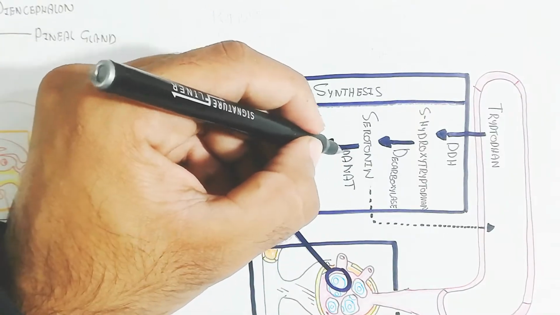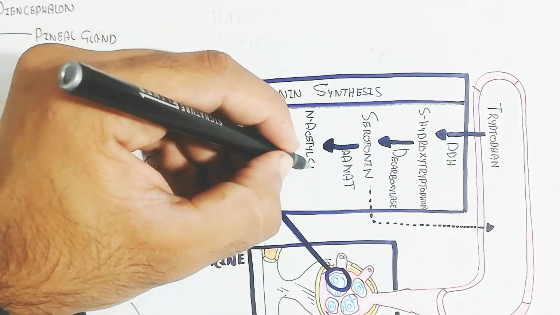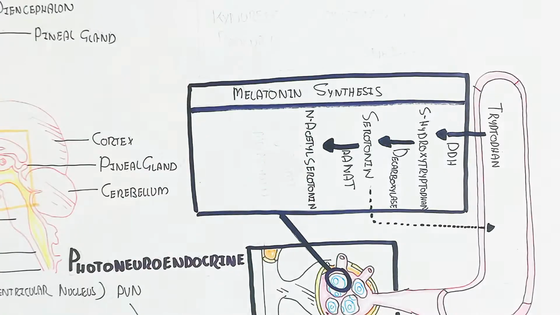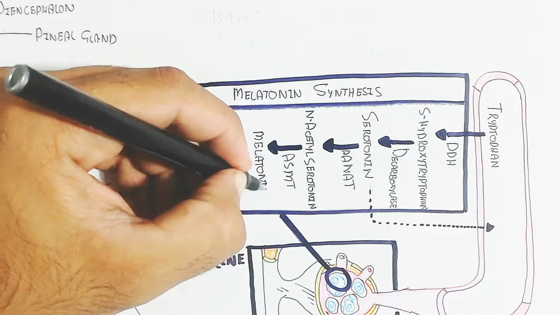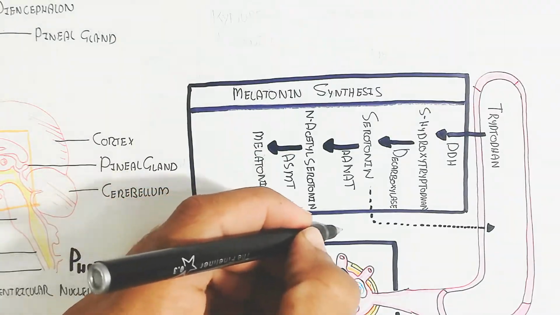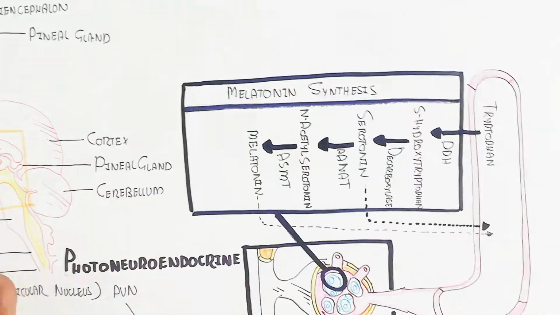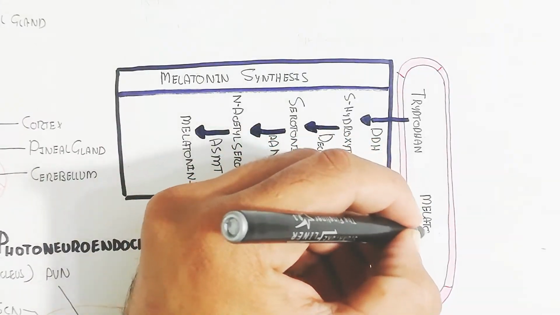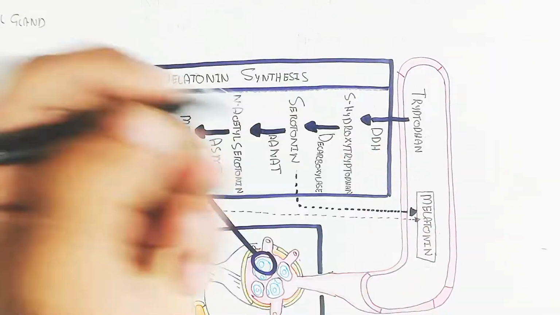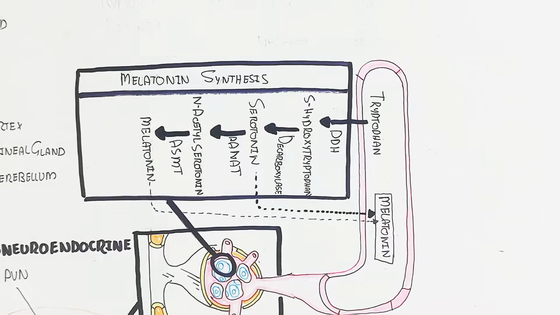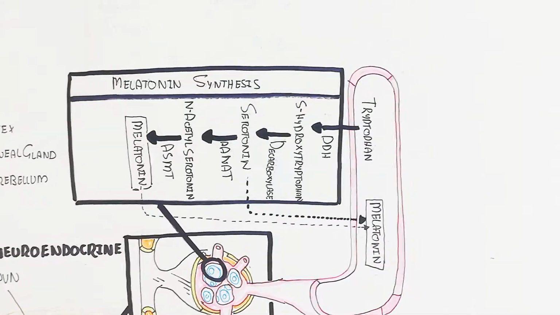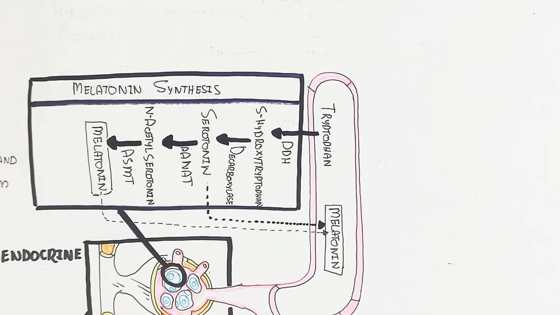Serotonin can also bind with neurons and go into the blood, playing a special function we will not discuss here. Then N-acetylserotonin is formed through the AANAT enzyme, and ASMT is involved in converting N-acetylserotonin to melatonin. This melatonin will enter the blood circulatory system.